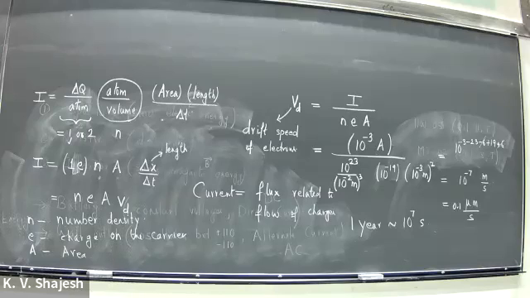And we want to talk about how many charges are going through. So remember, the charges are just passing through the resistor. They don't get stuck in there. Unlike the capacitor, the charges do not get stuck. They just keep moving. So it's good to have an analogy in that context.